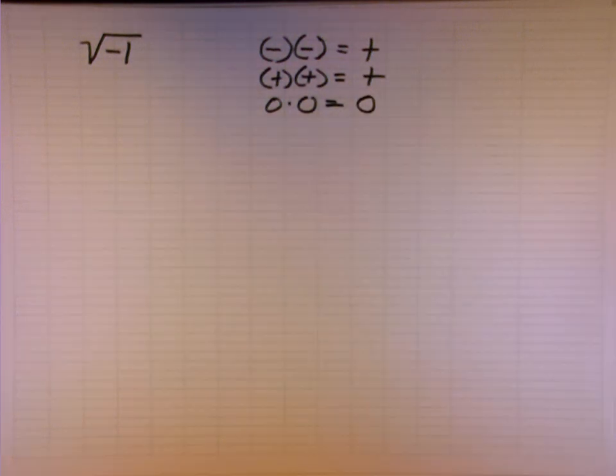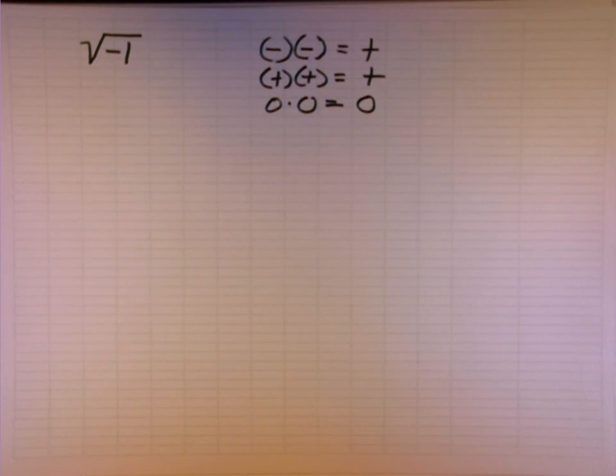So basically what I've just said is no negative number will work, no positive number will work, and 0 doesn't work. That is, all of the real numbers do not work. So this is not a real number. If it's not a real number, then we're going to call it imaginary.